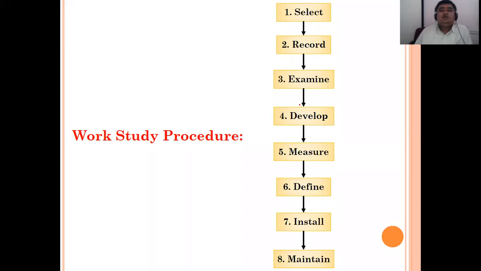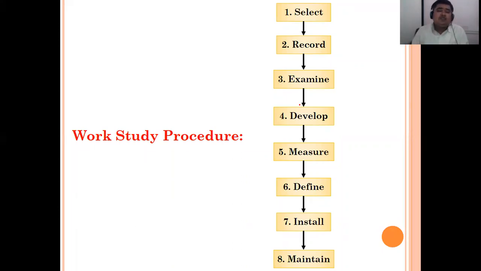Here, in this flowchart, or these steps, the start point is selecting the process. For that, if 10 processes are on the shop floor, we must know all 10 processes. Then you can select one of the processes which we can develop.